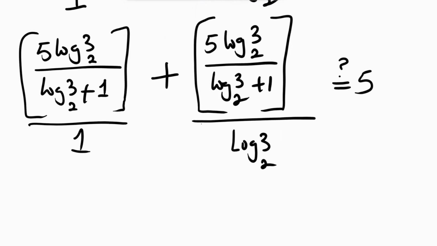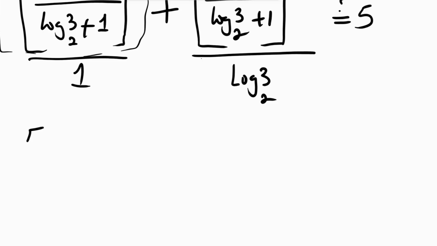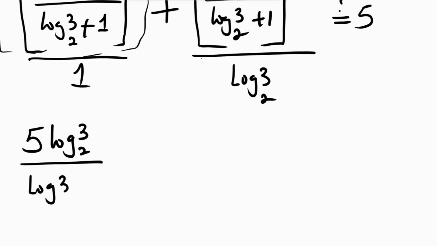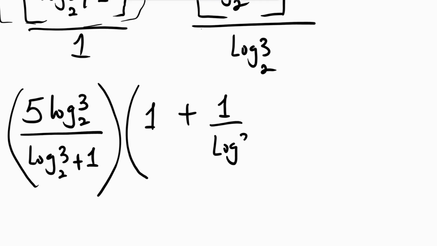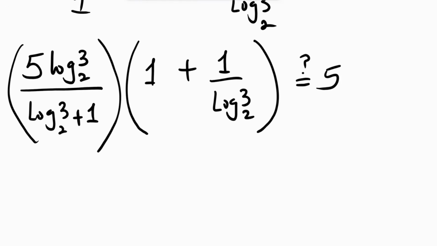So now we can factor out this whole thing, and if we do, we have 5 log 3 base 2 divided by log 3 base 2 plus 1, factored out, now becomes times 1 plus 1 over log 3 base 2.